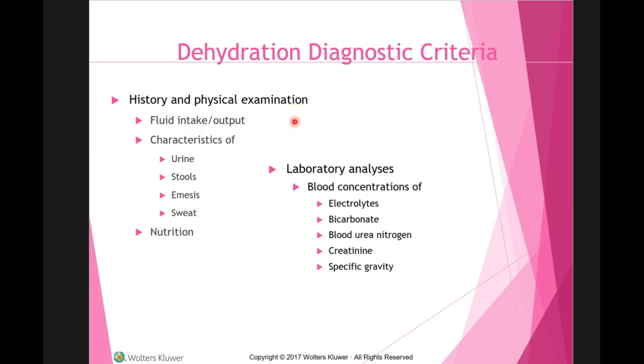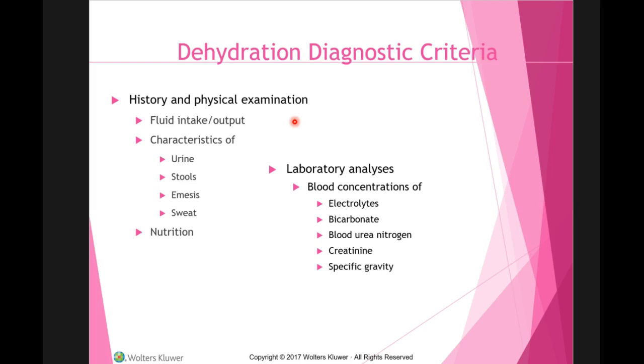So in diagnosing and even monitoring hydration status, fluid intake and output is crucial. Also asking and examining the characteristics of their urine. Their stools might be hard, they might be constipated. Emesis as well. As far as urine, you want to know if it's concentrated, but also have they had large volumes?